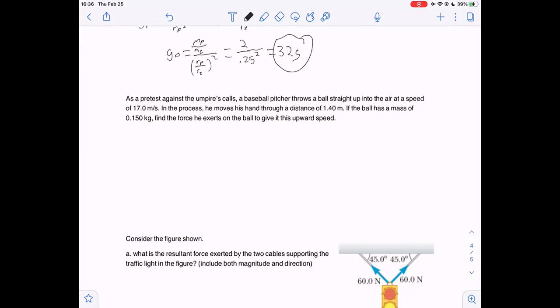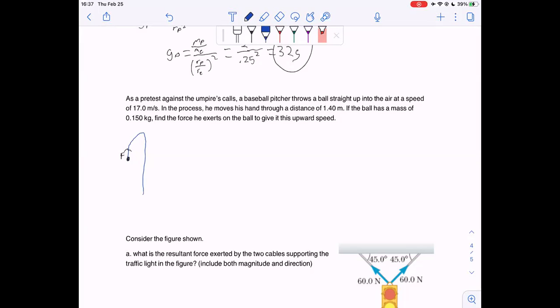So what's first? So we got a ball. It's got to have a force on it. It goes in the air, falls down.